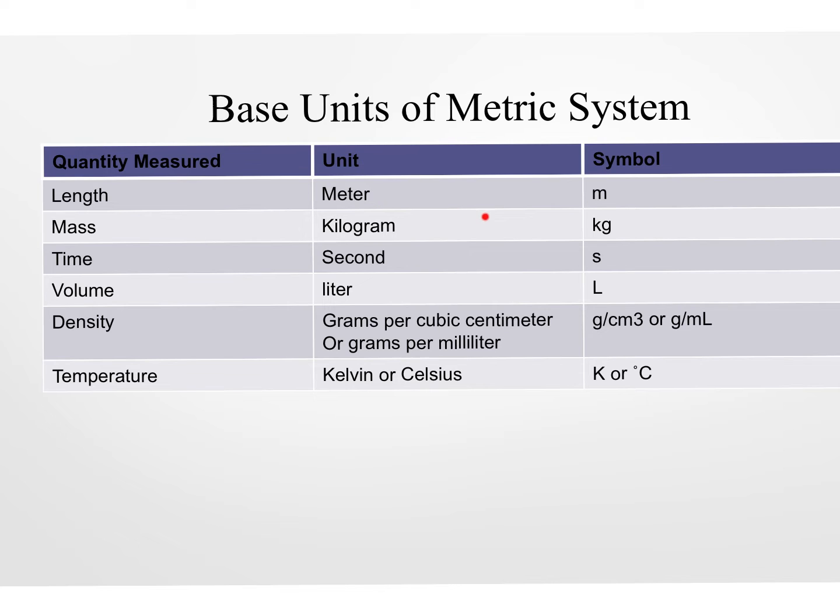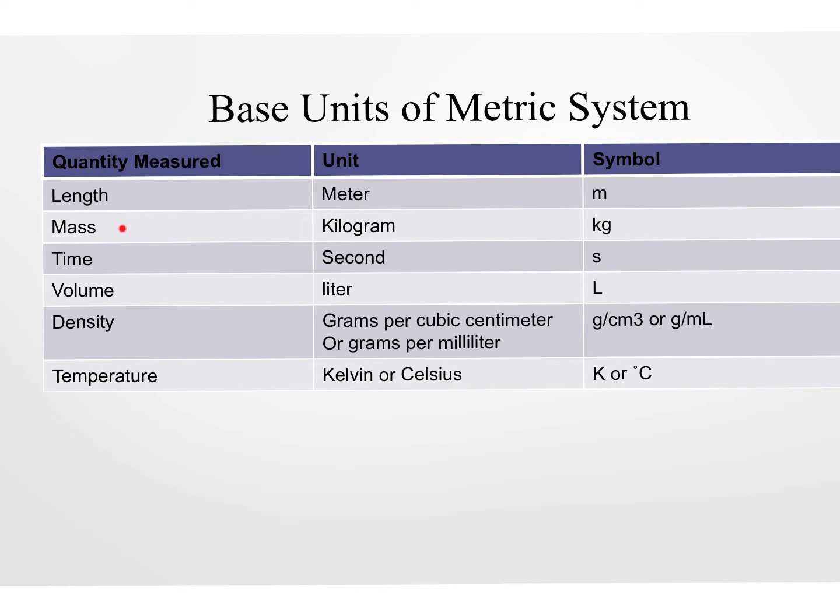Okay, maybe like a millimeter or maybe a centimeter, right? So just depending on what you're measuring, we could change this, right? Let's say we wanted to measure the distance from your house to the school. Meters might be too small of a unit, so what could you measure in? Good, like kilometers.